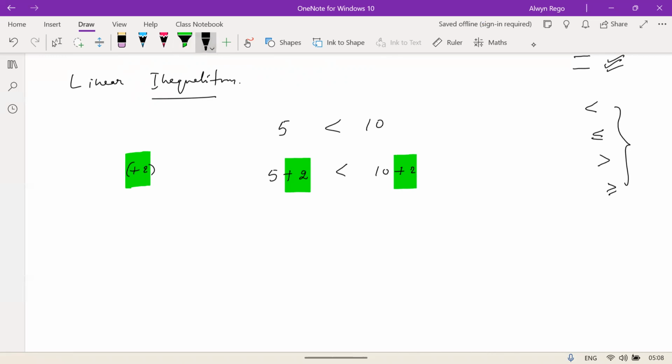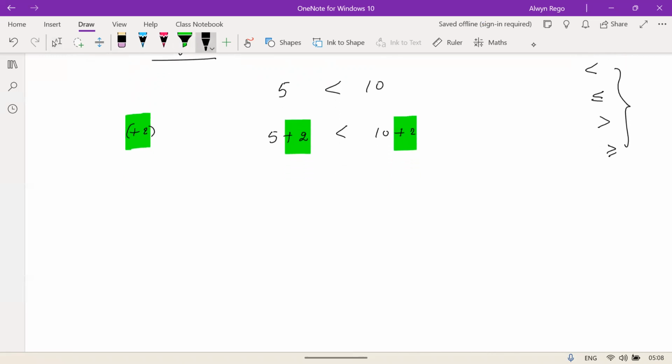Even if I subtract, let's say subtract 3 on both sides, 5 minus 3 and 10 minus 3, you find that 5 minus 3 is still less than 10 minus 3. So we subtracted a positive number on both sides, the inequality is not disturbed.